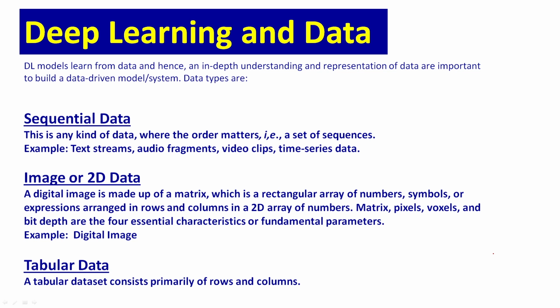That is what is called time series data. Audio fragments are very common to you. Video clips are nothing but reels in Facebook or Instagram, or any other kind of social media. They are all part of sequential data. Similarly, text streams, many times we use text streams. That is a very common aspect of data we handle, and that is something you need to know.